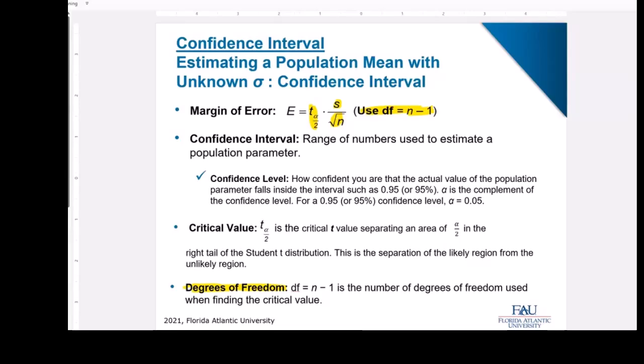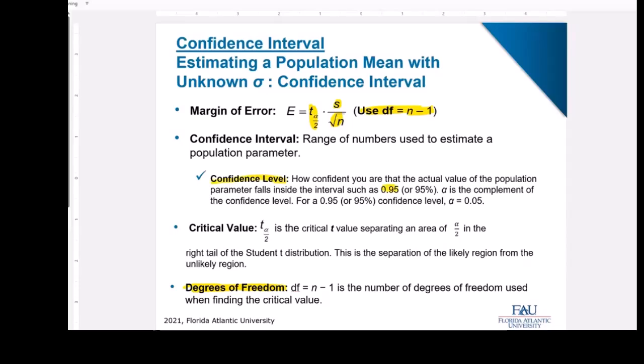Then we have a confidence interval. It's a range of numbers used to estimate a population parameter. We want to estimate our population parameter, mu, but we don't know what it is. We're going to give a range, upper level and a lower level.